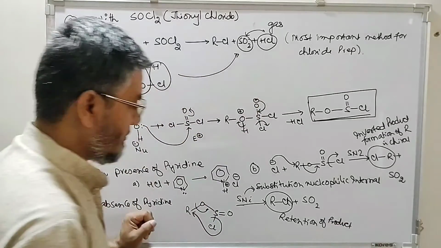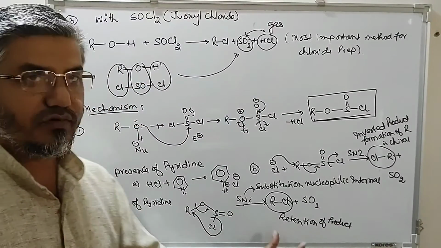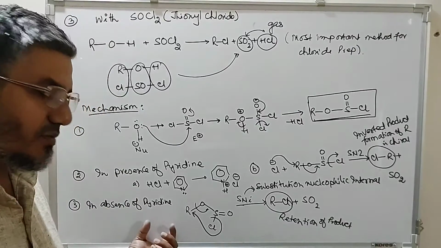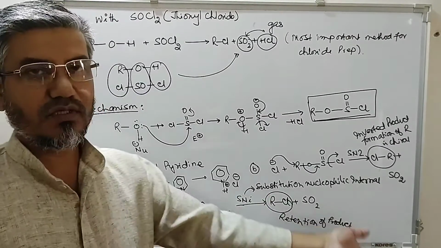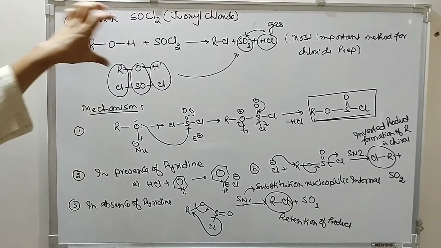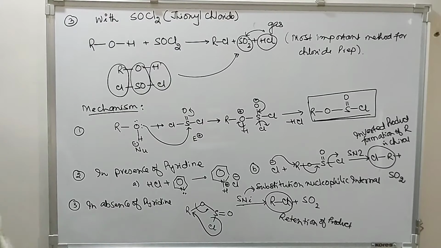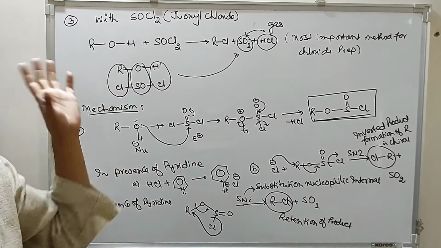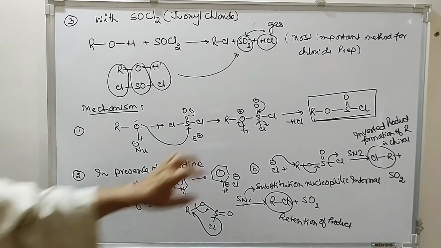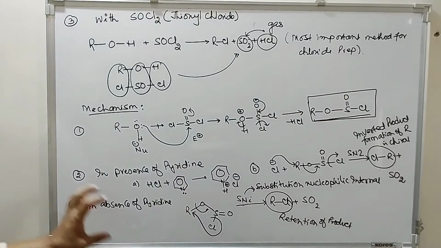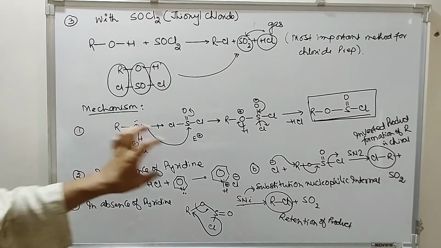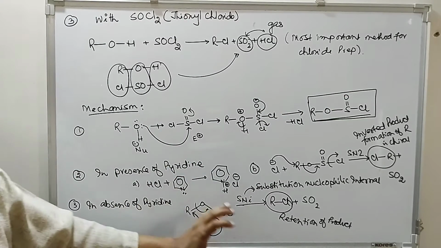That means if the starting compound is S configuration, the product will also be S. If the starting compound is R configuration, the product will also be R. This is the reaction with thionyl chloride, that is SOCl2. We have this mechanism. This is the intermediate, and the mechanism may be in presence of pyridine or in absence of pyridine.